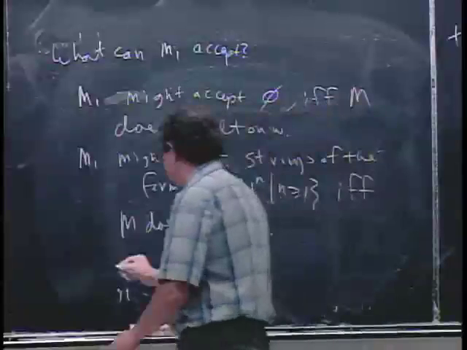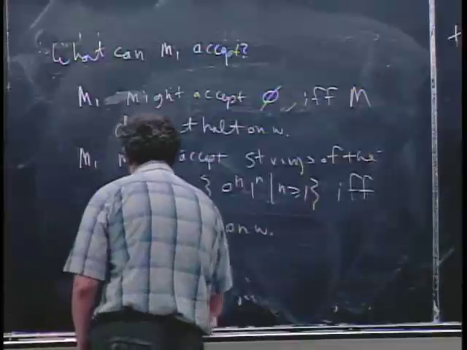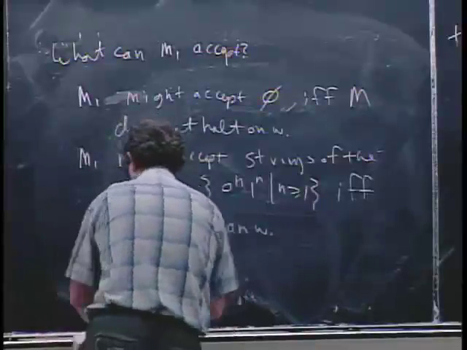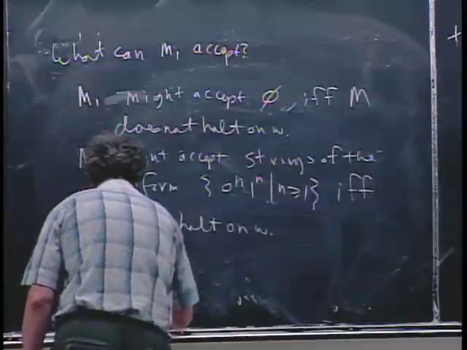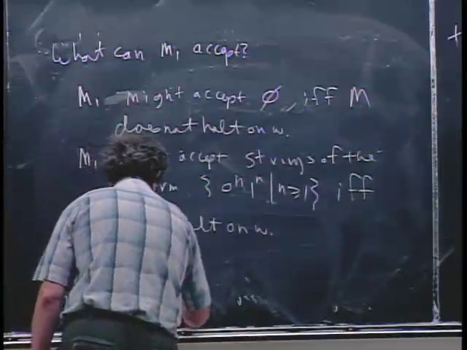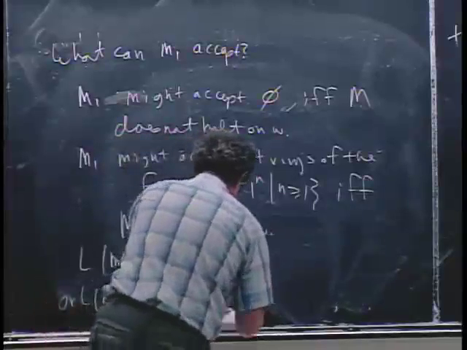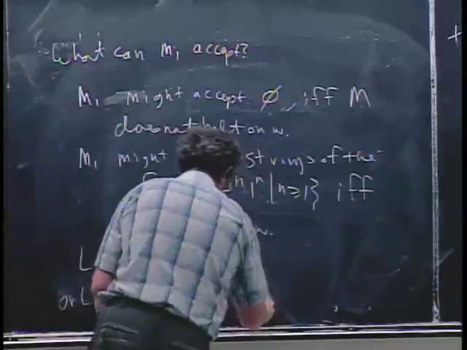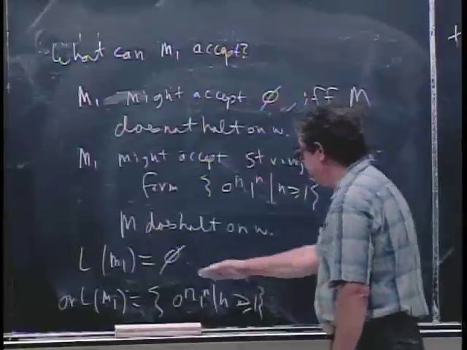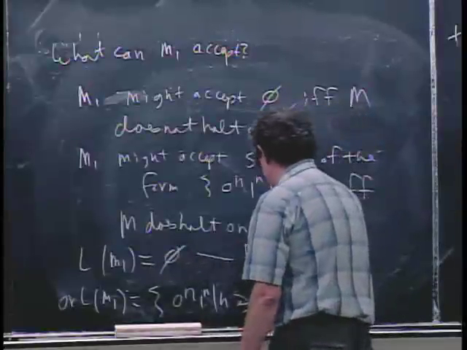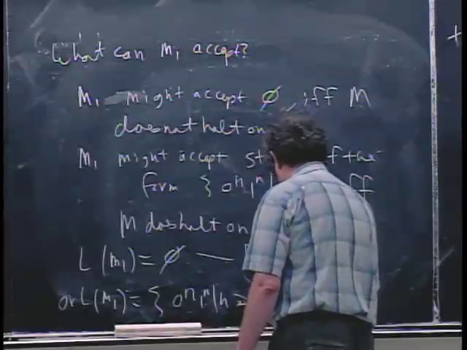So L of M1 equals that, or L of M1 equals the set of 0 to the n, 1 to the n, n greater than or equal to 1. And this one is a regular language. And this is a non-regular language.